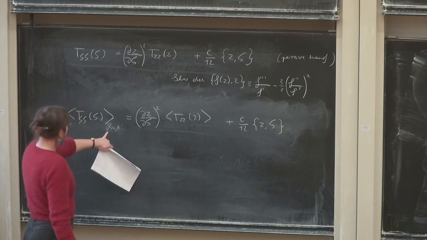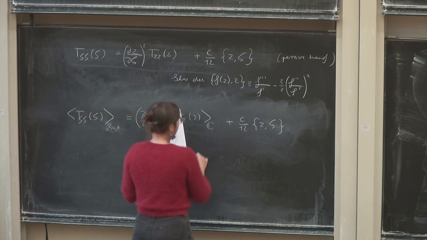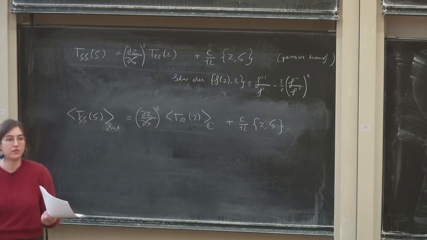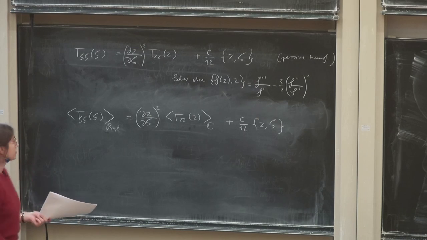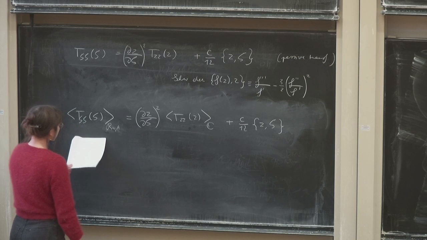But we can add in which manifold these expectation values are taken. So one is in C, where this vanishes, and one is in the replica manifold.